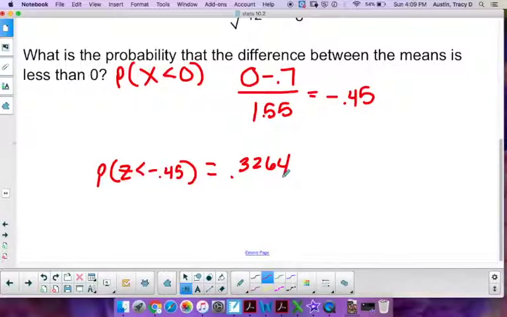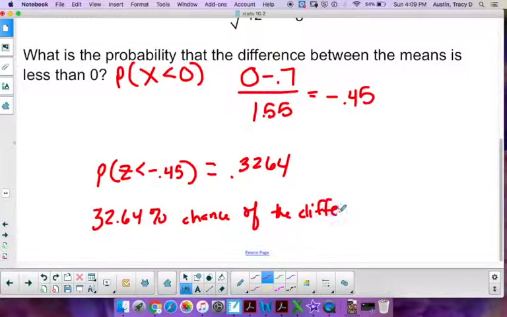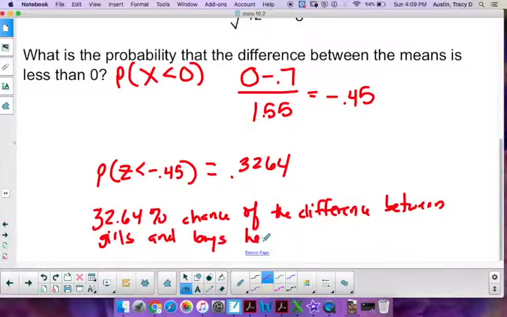So again, if we're going to put that in words, that is a 32.64% chance or probability of, well, what does it say? Of the difference between girls and boys' height is less than 0.